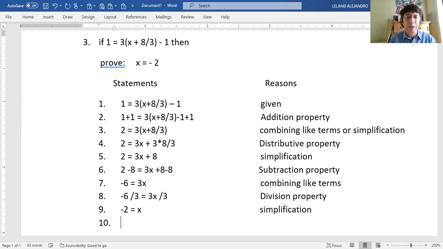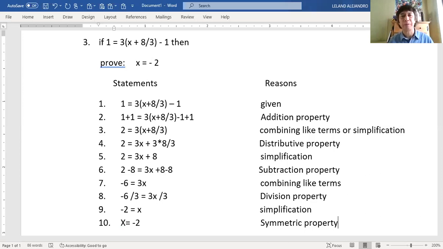And of course, our last line is x equals negative 2. And the reason for writing it this way is the symmetric property. There.